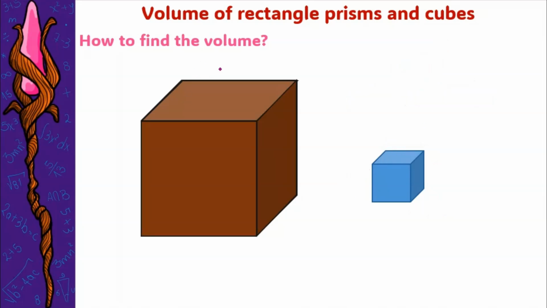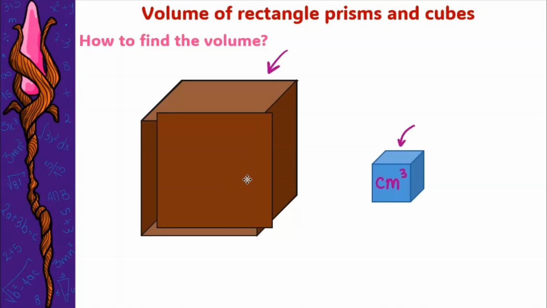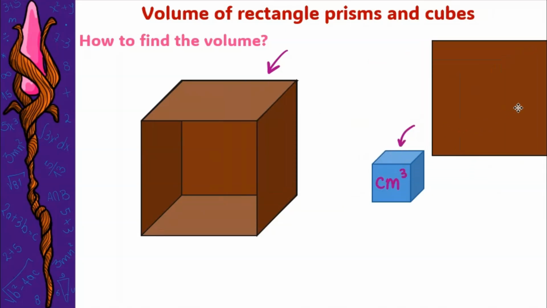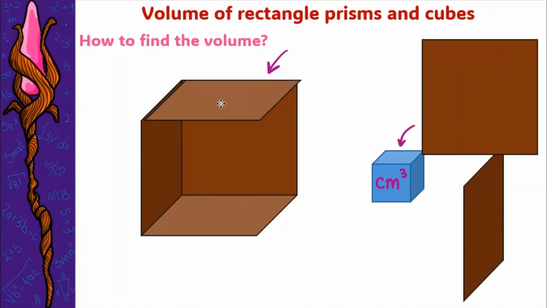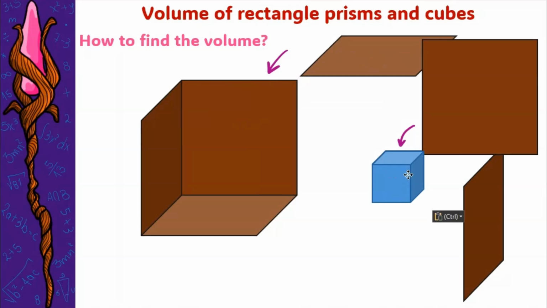In order to find the volume of this box, which is a cube, we need to check how many of these standard cubic centimeters we are able to fit inside the box. We are going to remove these parts so we can open the box, this one too, and this one on the top. Now let's check how many of these we can fit inside.